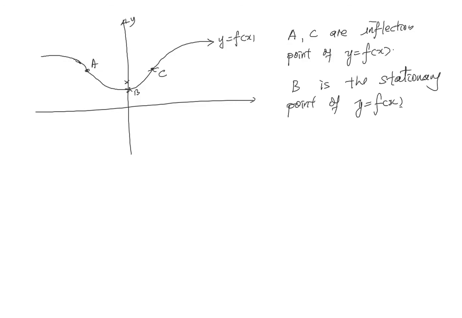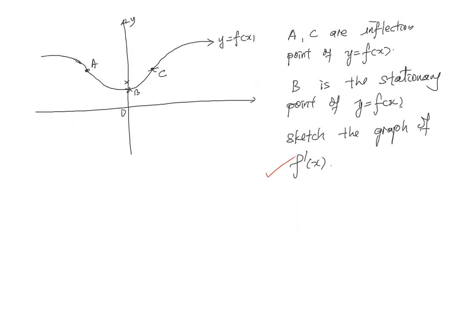So I ask you, sketch the graph of f prime x. Do you think you can do it? So how are you going to do it, if I want you to sketch this graph?